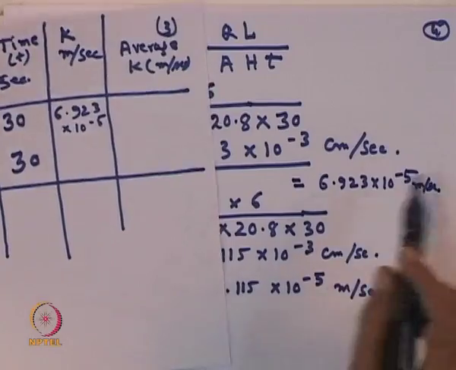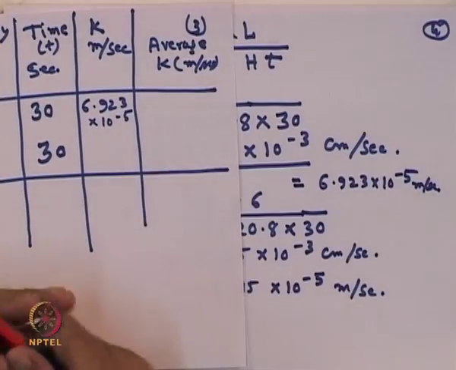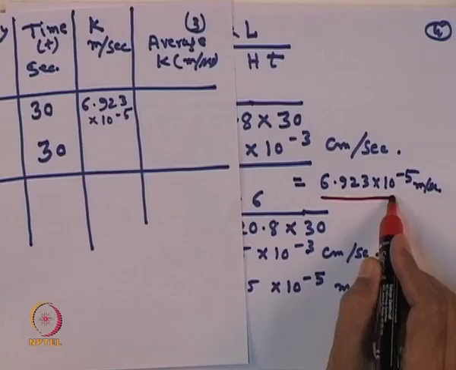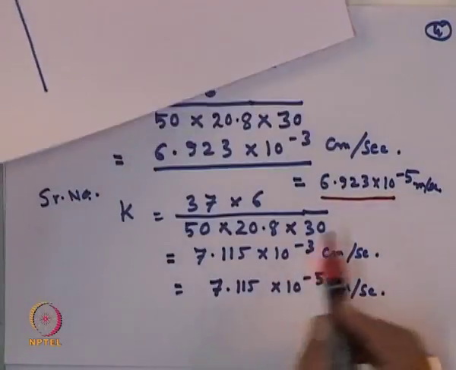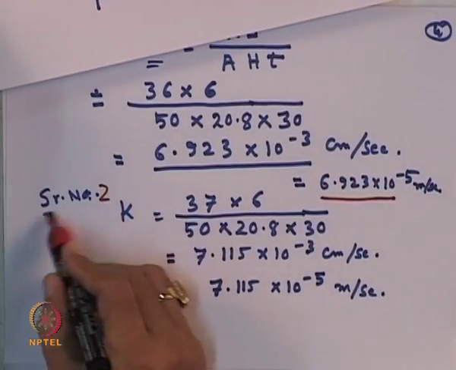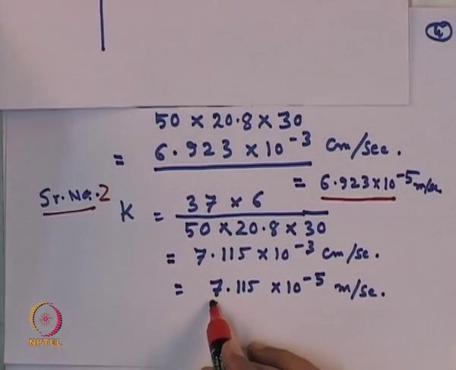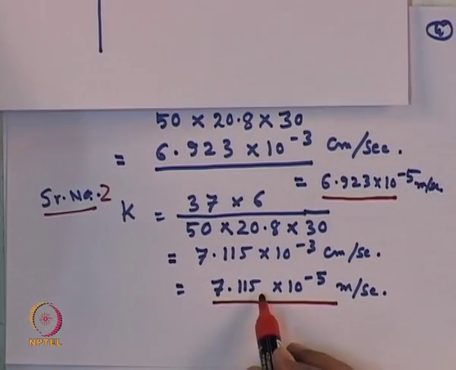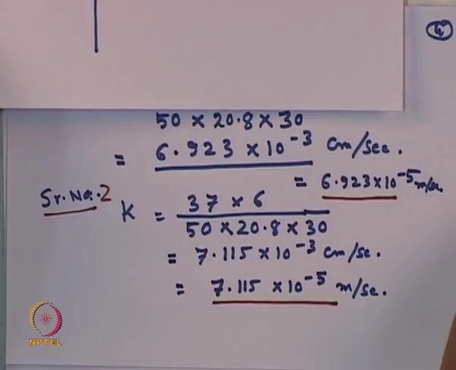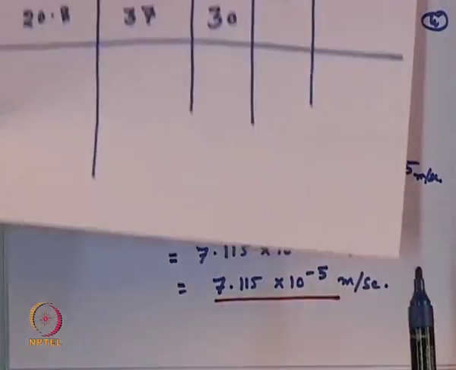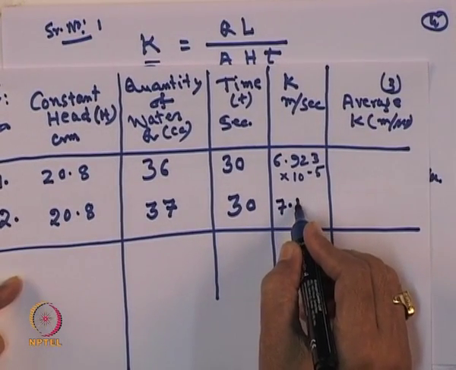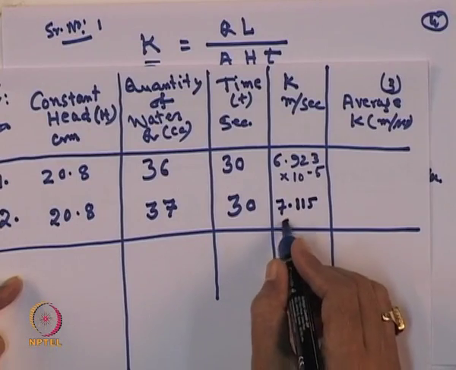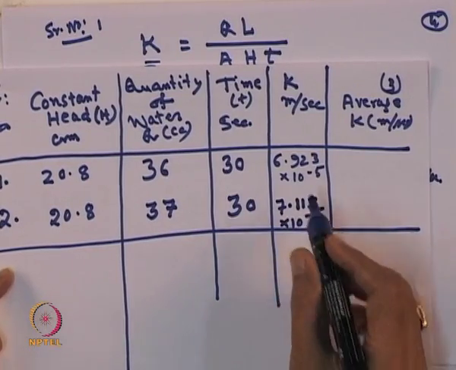So, in the first test we have the coefficient of permeability as 6.923 into 10 to the power minus 5, and for serial number 2, the coefficient of permeability is 7.115 into 10 to the minus 5 meter per second.